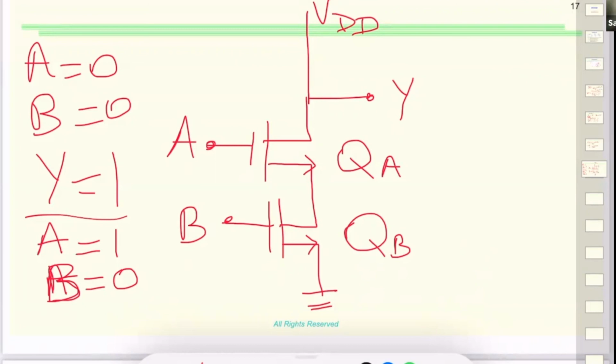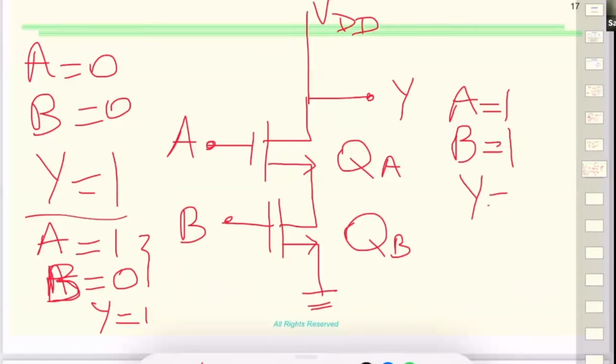Y equals 1 still. Even if you flip them, it is going to stay 1. So for Y to be 0, both have to be 1. In that case, you'll get 0.